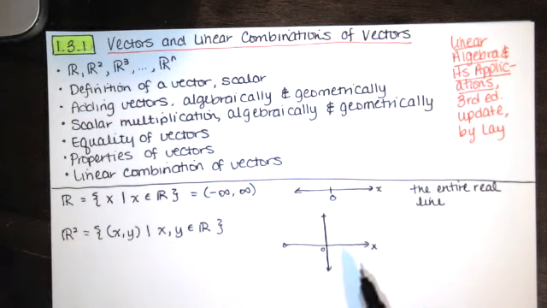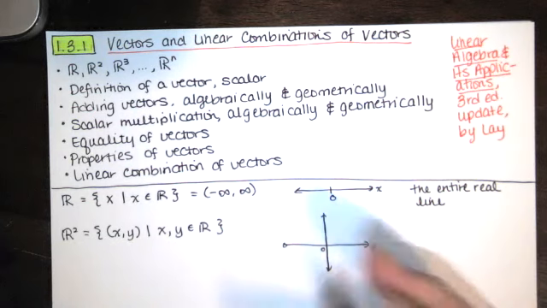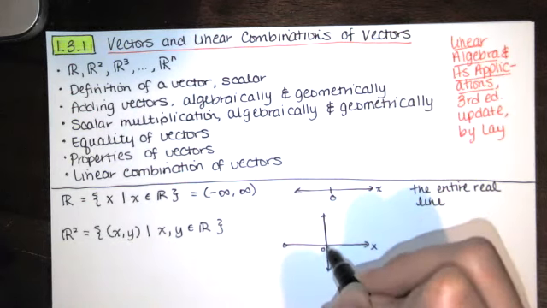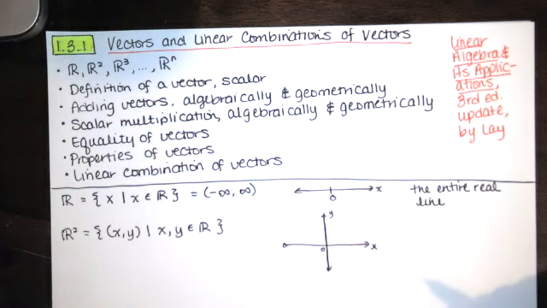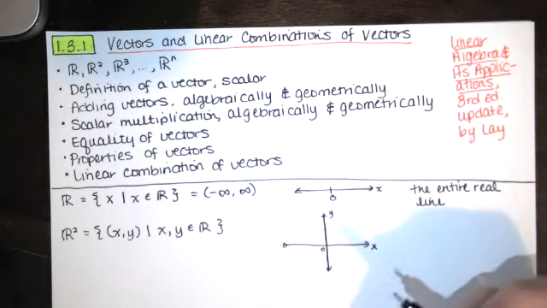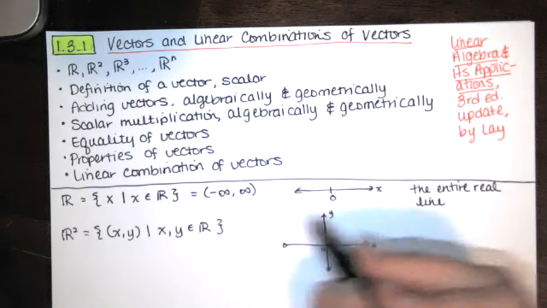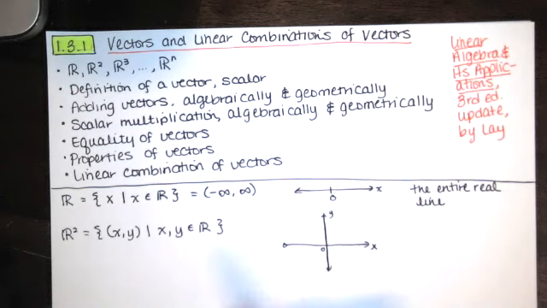We'll put the positive x-axis on the right and the negative x-axis on the left, and then we take another axis. We make that perpendicular to that axis, and we line up their 0 points, and we tend to choose to make the positive y-axis going straight up. All of that's relative. It's just a choice. But once we make that choice, we have to stay consistent with it. So this is the xy plane. R2 is a set of all points in the xy plane.